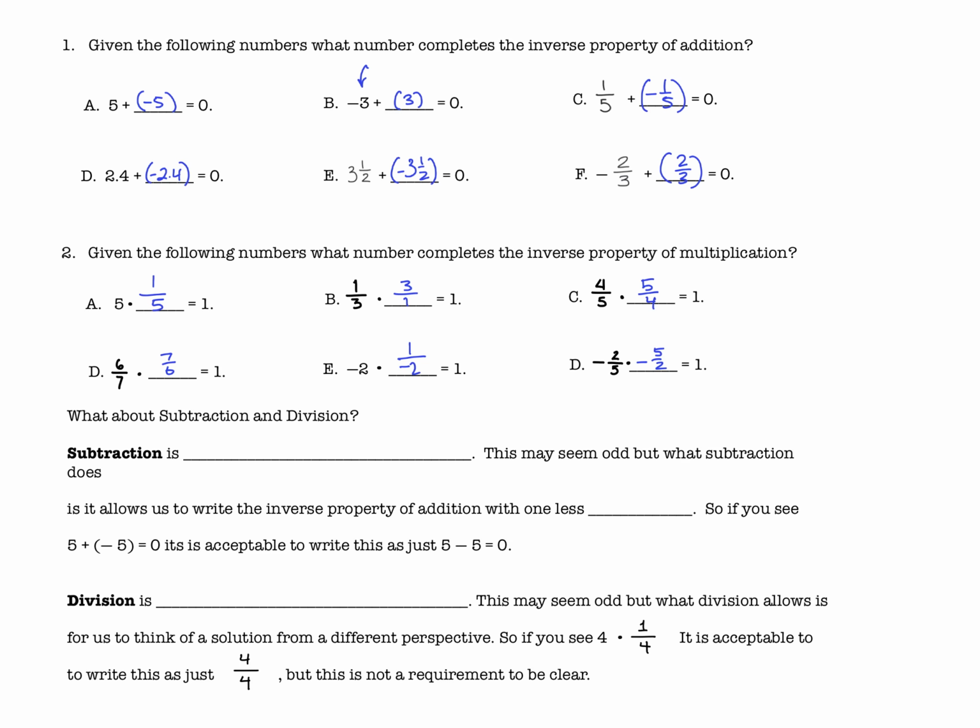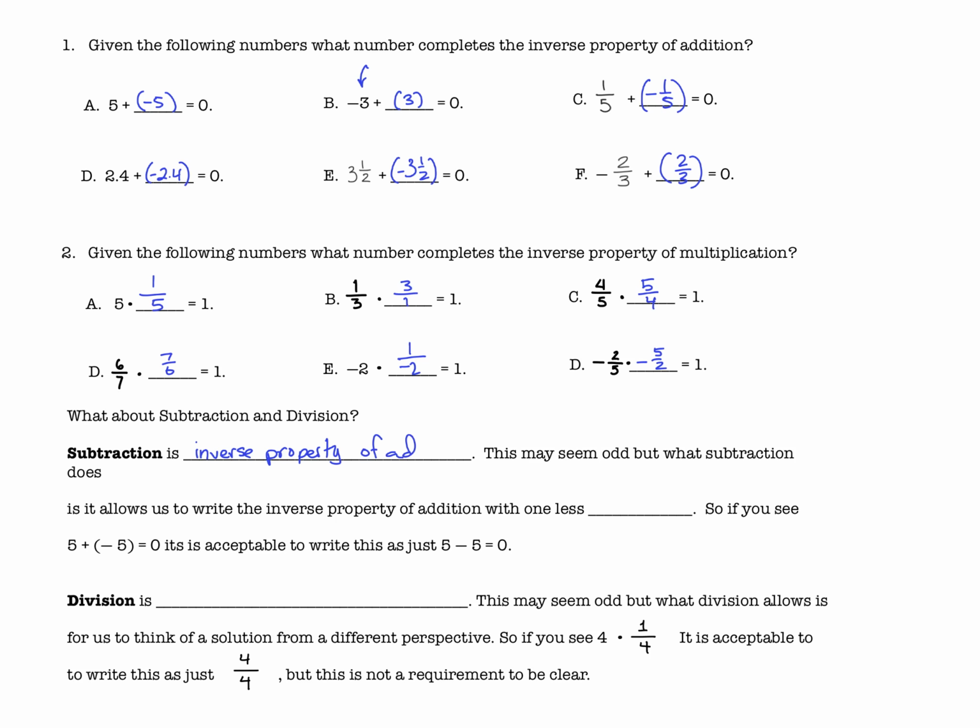Then this last thing here, and I'm sure some of your teachers already talked about this, is what about subtraction and division? Well, subtraction is actually the inverse property of addition. This may seem odd, but what subtraction does is it allows me to write the inverse property of addition with one less sign.